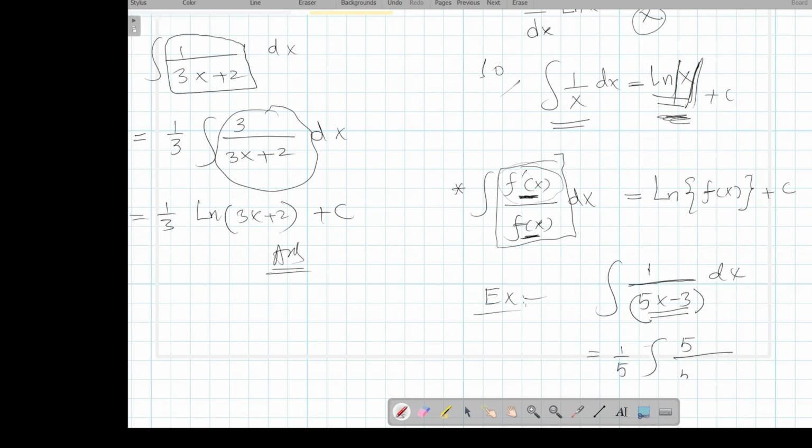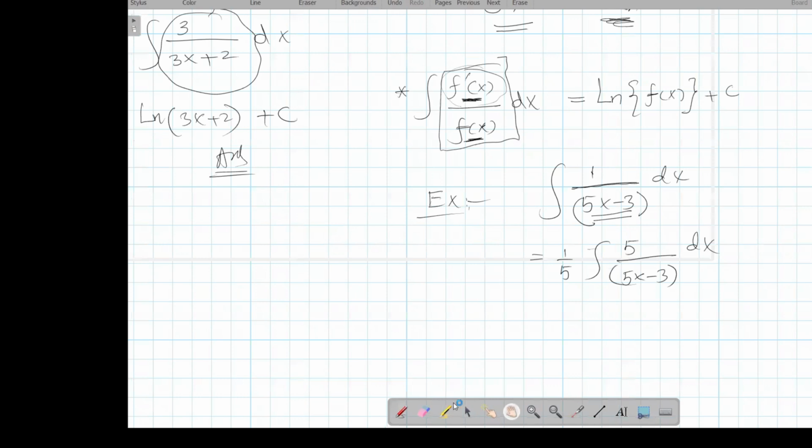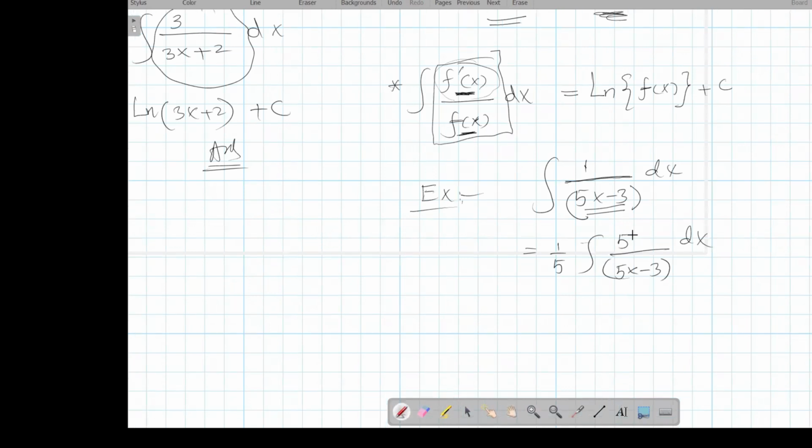We can divide outside by a constant, not by a variable. But if you are dividing and multiplying by a constant, you can do it. You can make 5 available here, right? So now you see the function in the denominator and its derivative available in the numerator. So the antiderivative is the log of the denominator function. That's it.